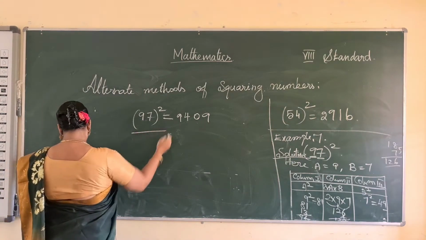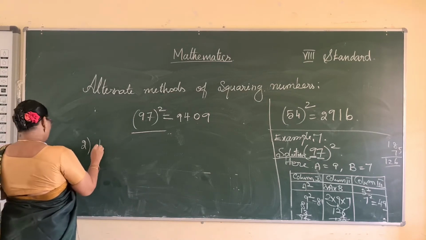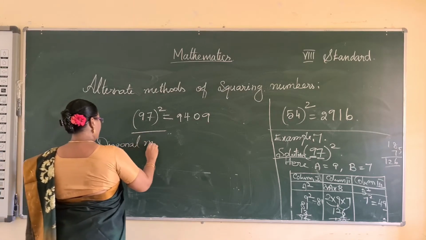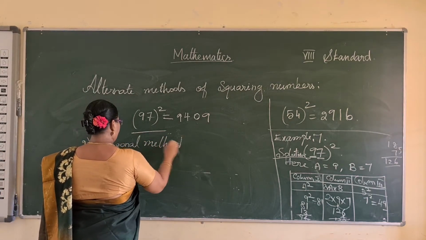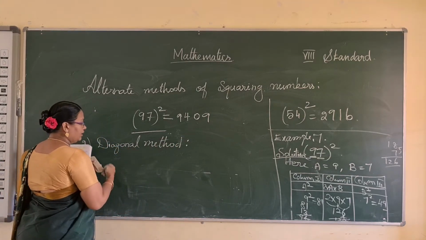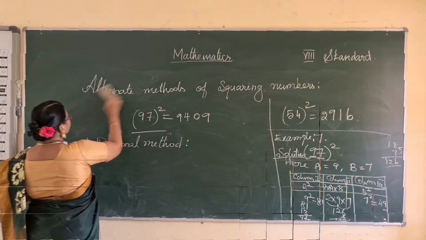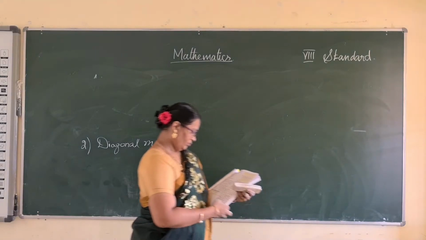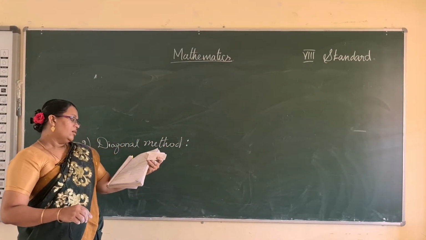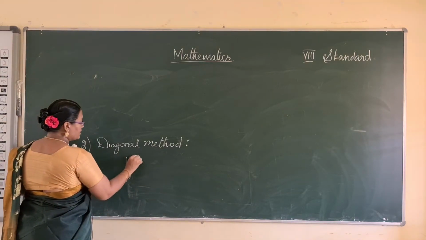Now see the second method, the diagonal method. In the diagonal method, you will draw a square matrix. Here we have considered 126.